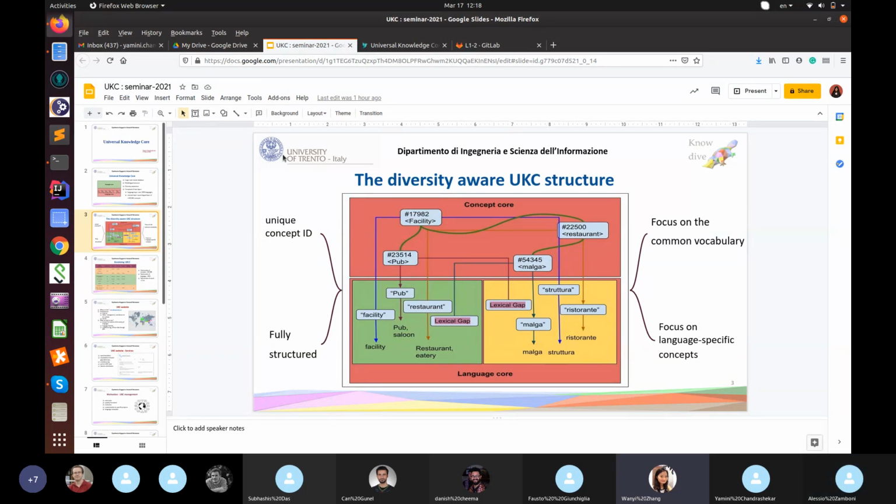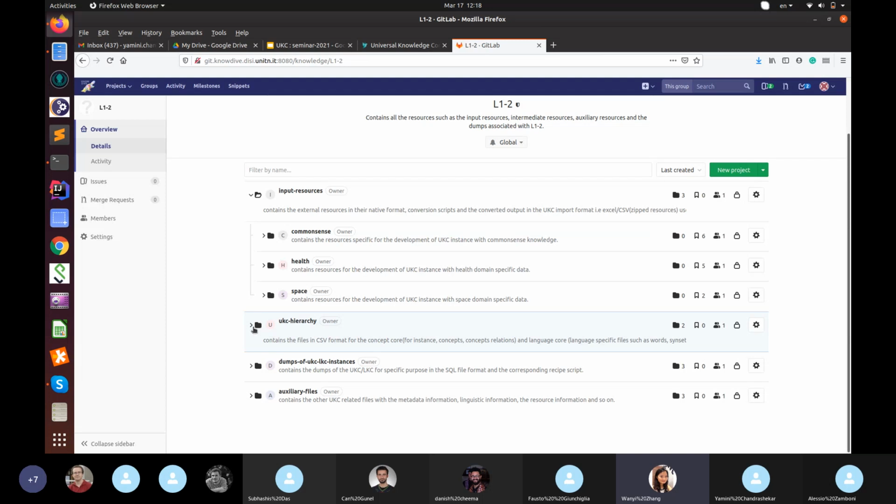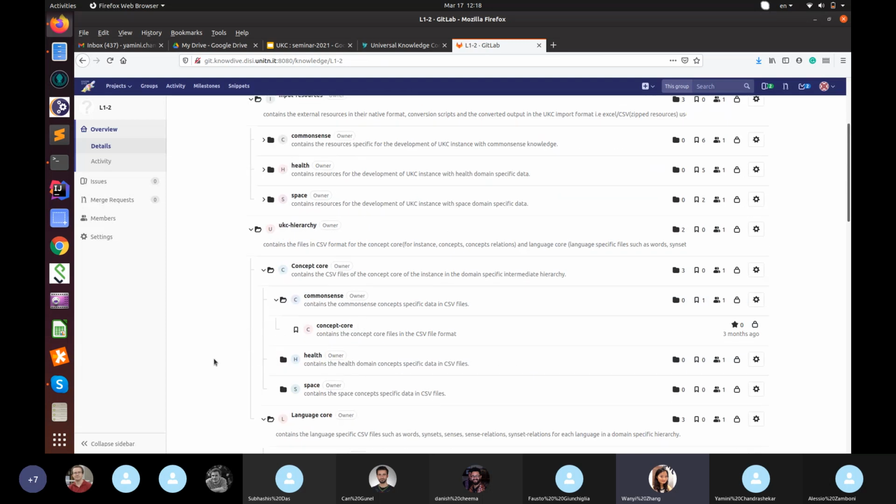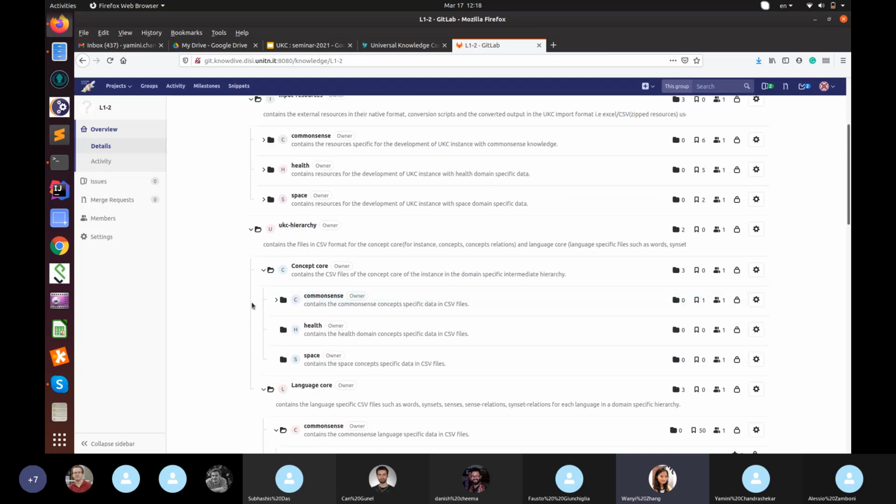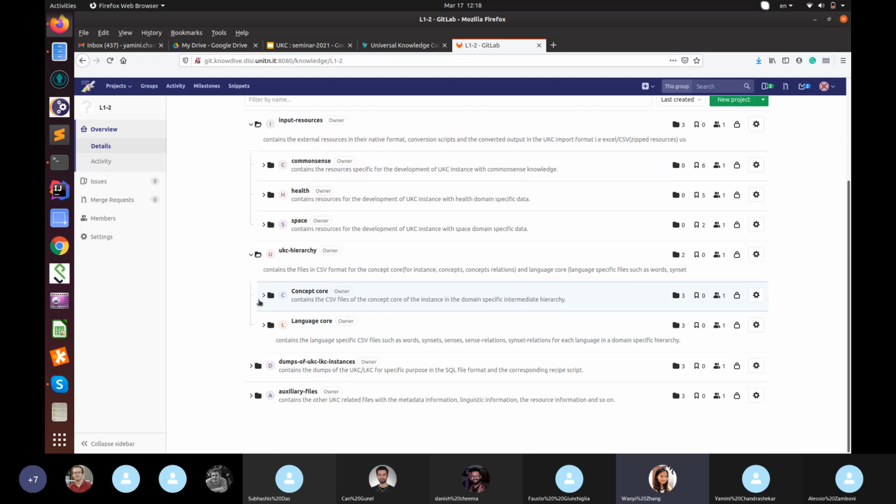I'm very interested in the UKC hierarchy, which you were showing in the GitLab. I saw there were two files inside. The first one is concept core, the second one is language core. I was just wondering what's inside these files and how we can use them.